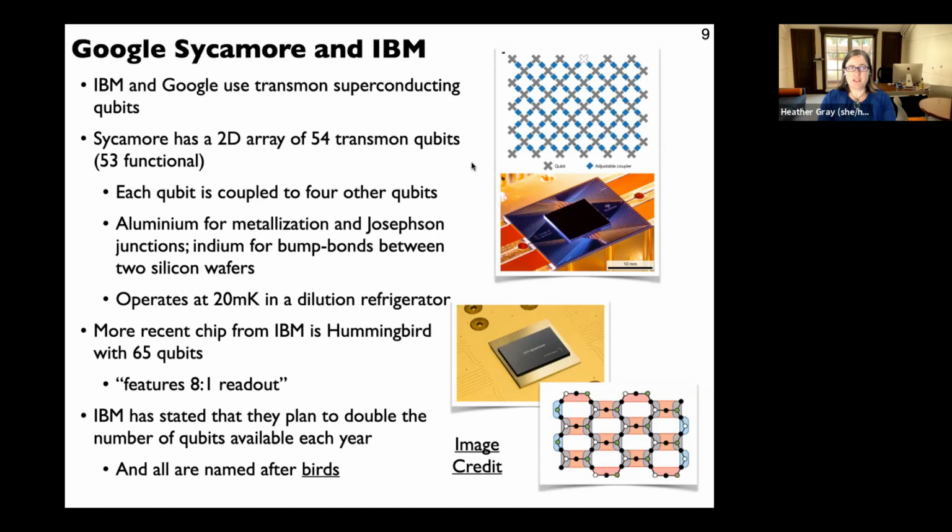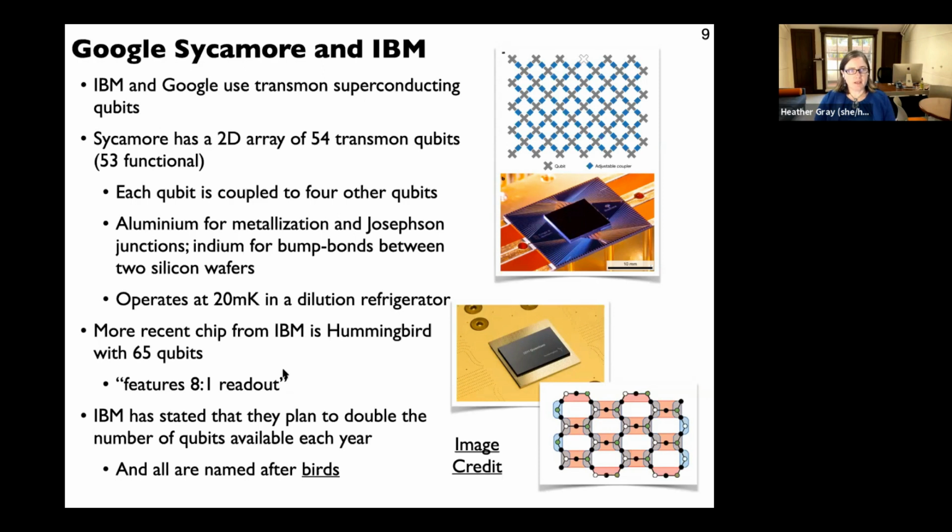And so typically there is some sort of limited coupling. The other point is that if you decrease the amount of coupling, you can also control things like the noise in the quantum computer. So you need to know this, because it's not enough just to know how many qubits there are. You also need to know this coupling to know how you might actually go about implementing your quantum algorithm.